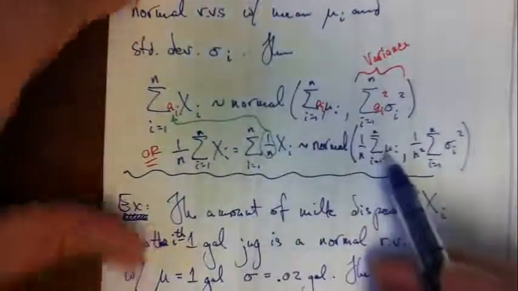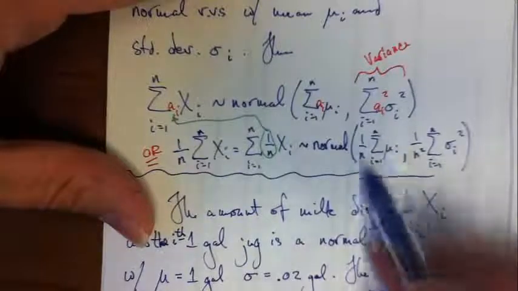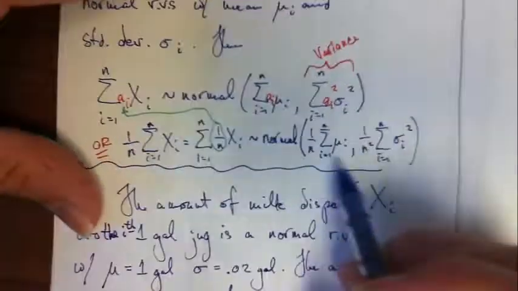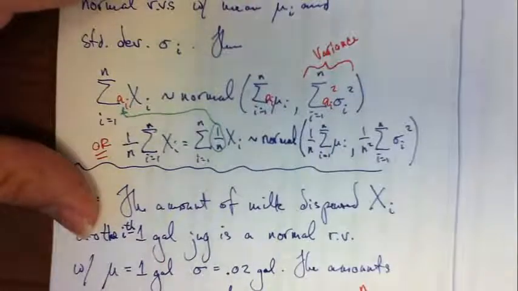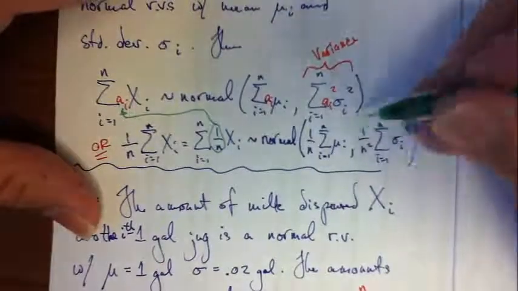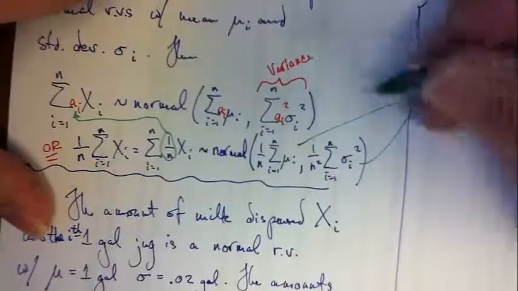And if all these means are the same, then this is just mu, right? This is just mu. And if all of these, so maybe I should write that, right?